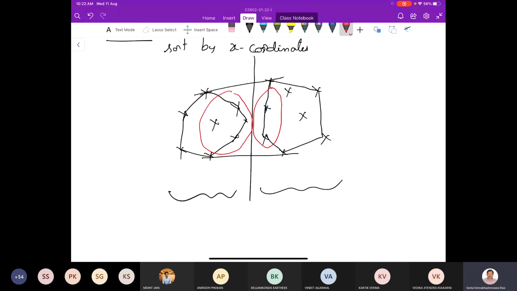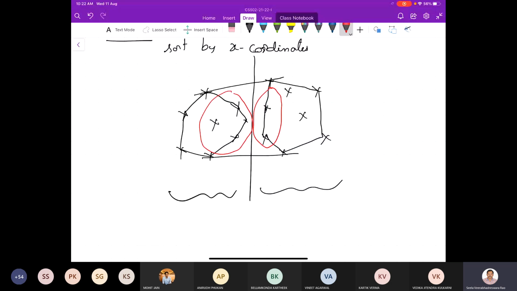So what we're doing is we sort these points by x coordinate and divide them into 2 halves at the middle, and find the convex hull of the left half of the points, and because we're using the same procedure, find the convex hull of the right half of the point set.